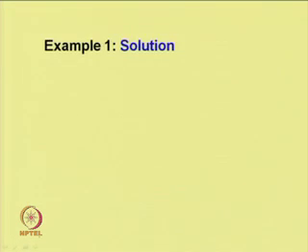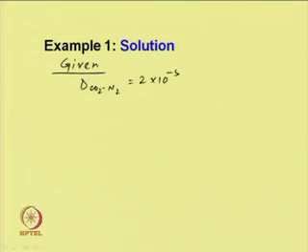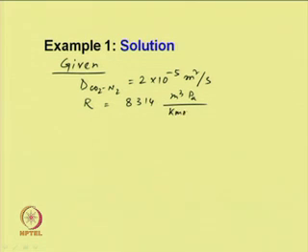So, now let us consider the values which are given. The diffusion coefficient of CO2 into nitrogen is given as 2 into 10 to the power minus 5 meter square per second. R is known to us, 8314 meter cube Pascal per kmole Kelvin.